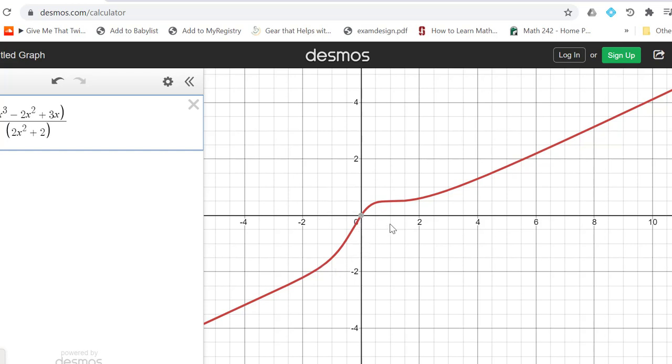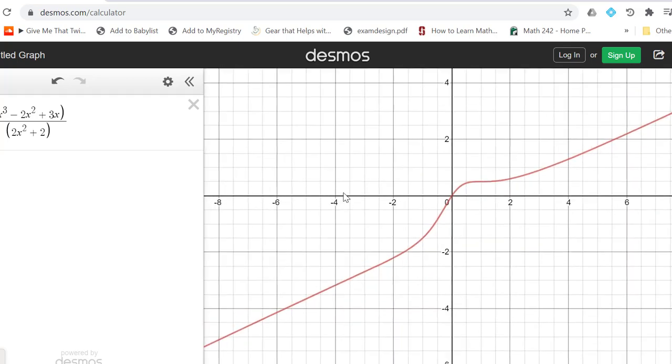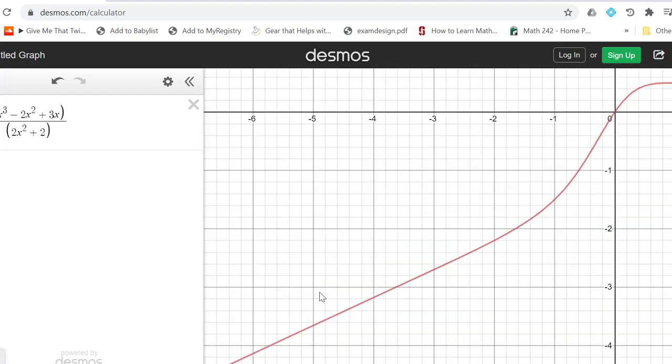And let's take a look at where we'd be at 5. 1.731. And then at -5, we'd be at -3.654.